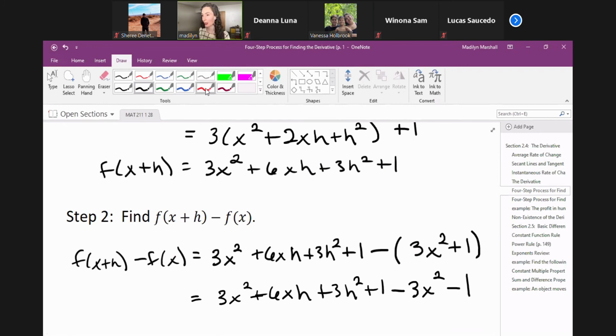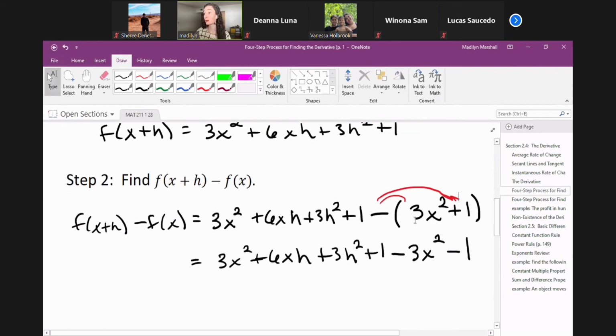This is something I saw a lot on homework 1, forgetting to distribute that minus sign into the function that we're subtracting. That will really throw things off and make our limit impossible to take. So be sure to distribute that minus sign.